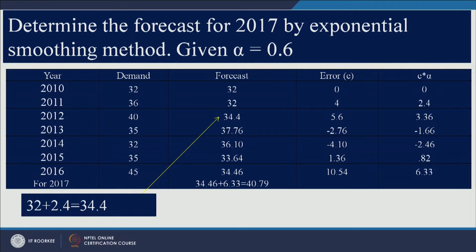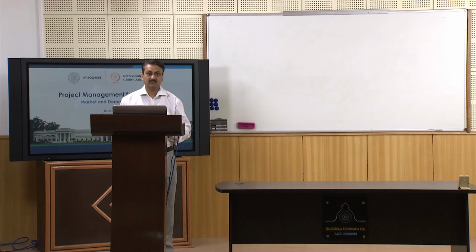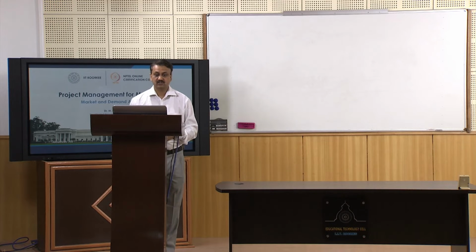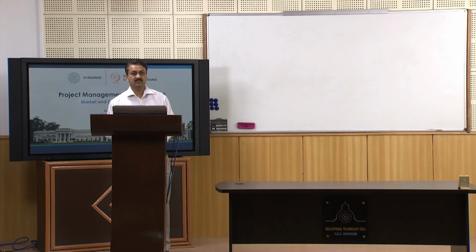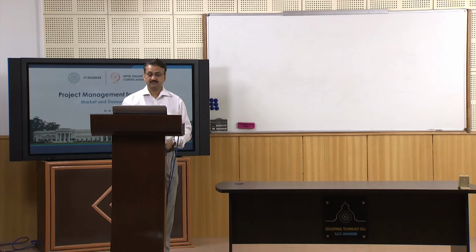We have to take a decision whether this method is better or the previous one was better. We will have to find out. There is something called mean absolute percentage error. Whenever you calculate the mean absolute percentage error in these two methods, wherever you get that error less, that method would be better. So, the smaller the mean absolute percentage error, the better the method.